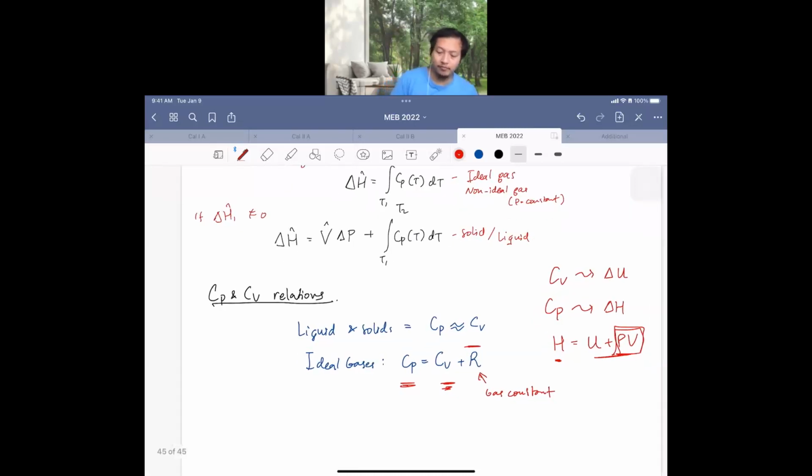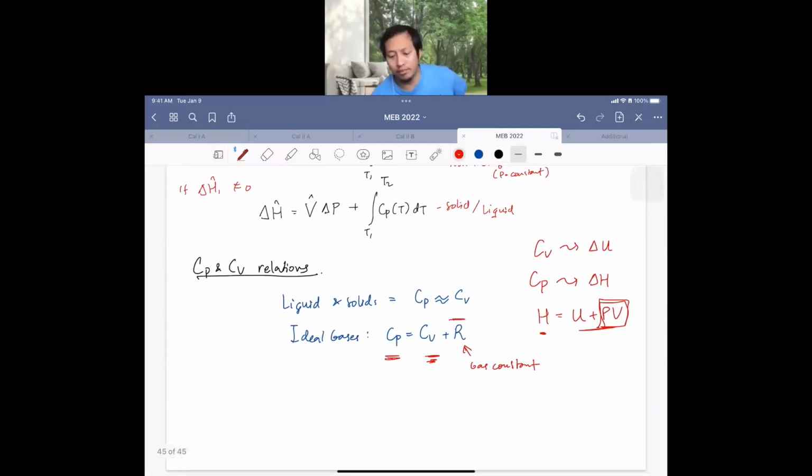You could actually prove this, and you could take the R from PV equals RT and so on. But in case you forget, we have these two, and then of course you take Cp as the higher one, because of the relation between enthalpy and internal energy.